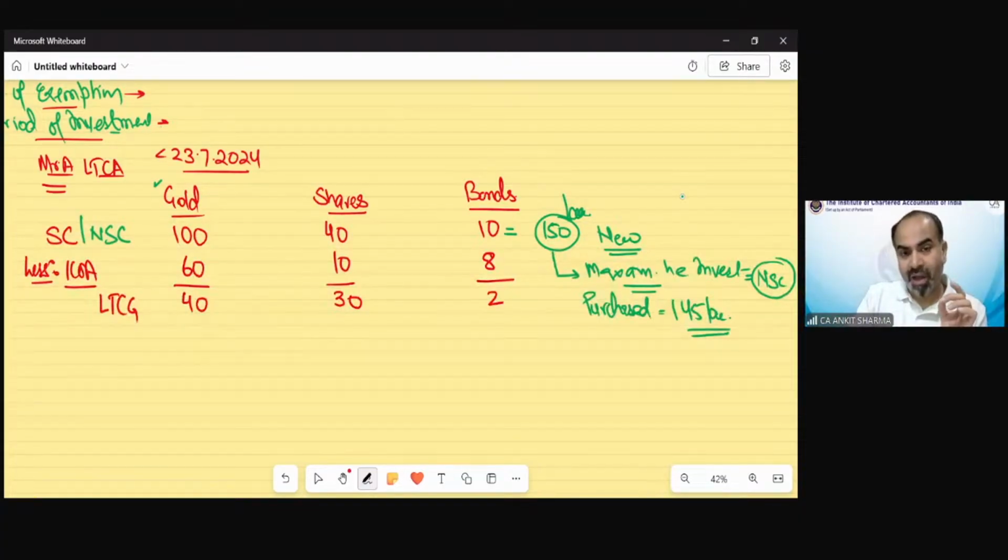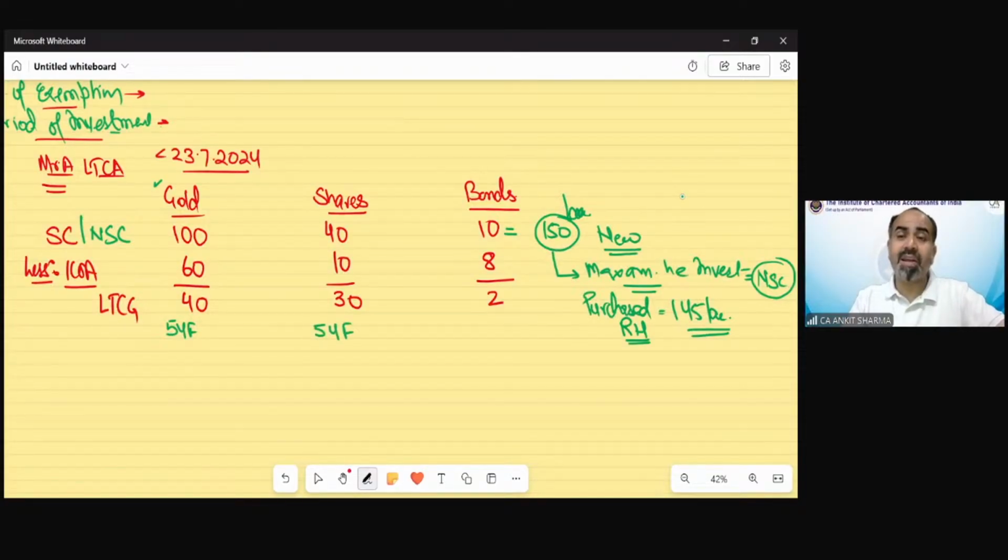So gold and this asset are eligible for section 54F exemption because there is a transfer of another property other than the residential house, and out of the proceeds of that gold, he purchased a new residential house. So the section 54F condition has been fulfilled. So the consideration of gold and the capital gain is eligible to claim section 54F exemption. Same in case of shares.